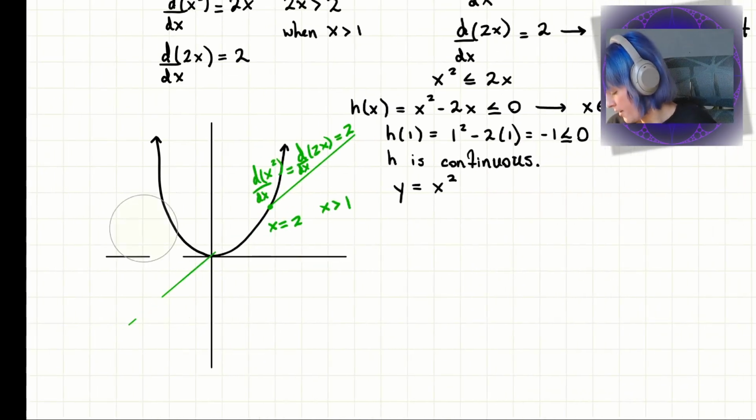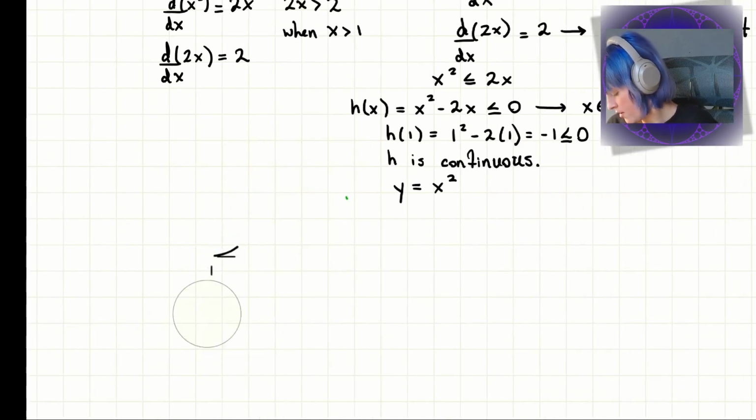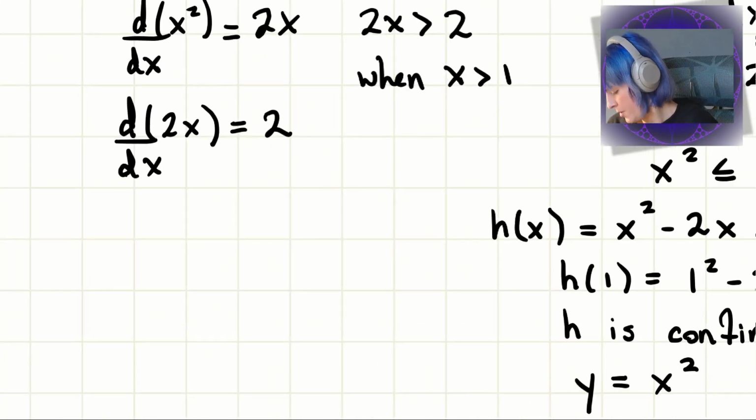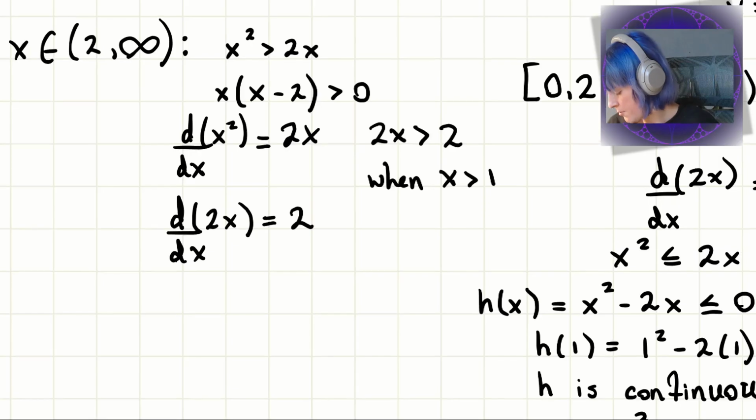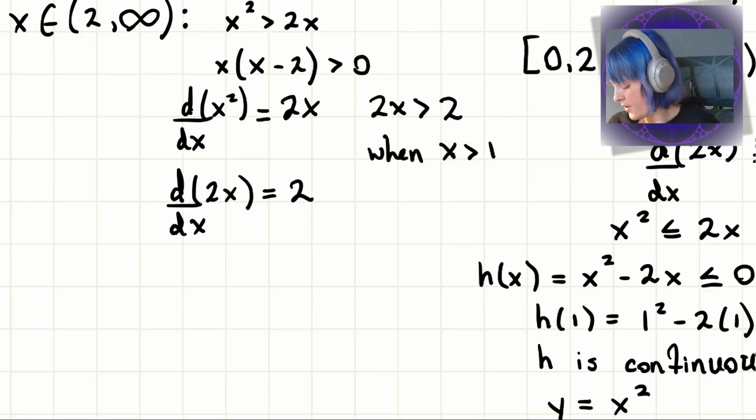So that would be probably good enough. 2x is greater than 2 when x is greater than 1.